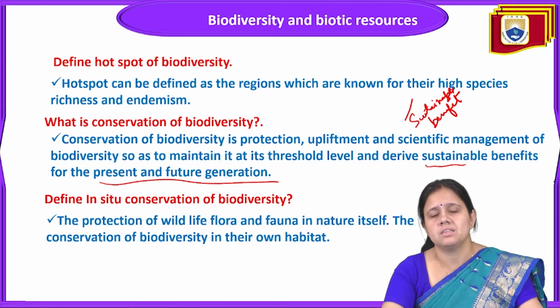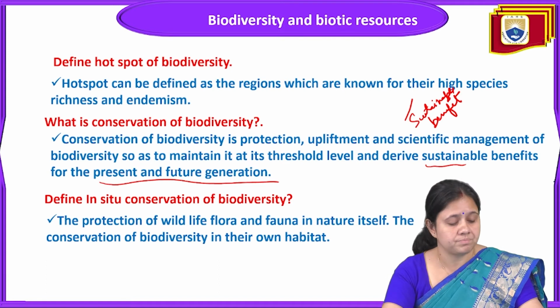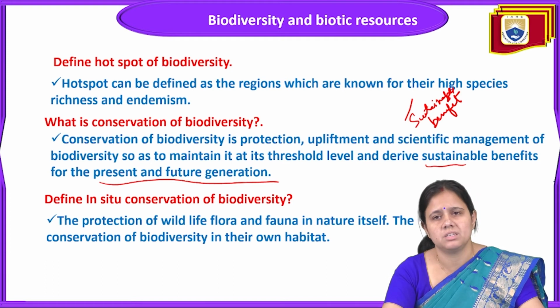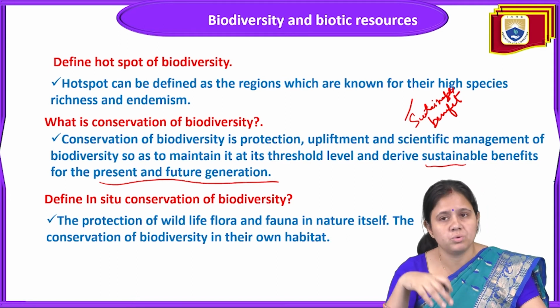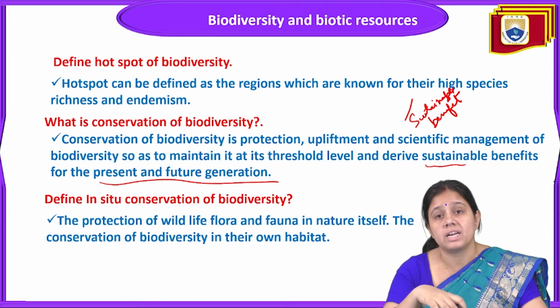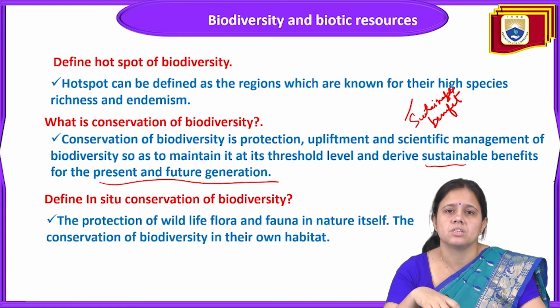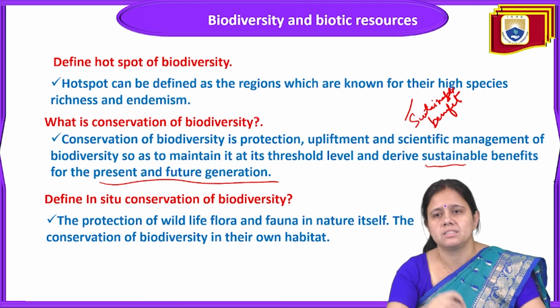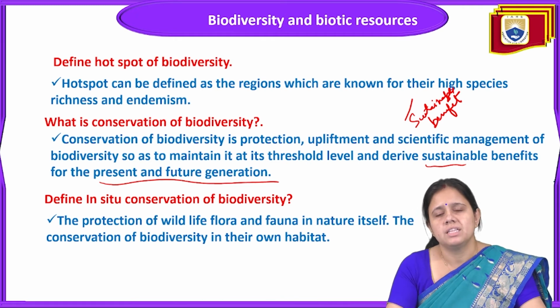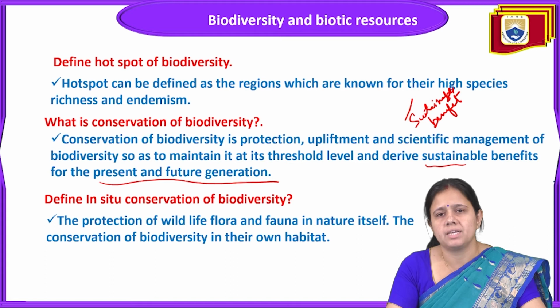Next, define the term in situ conservation of biodiversity. Conservation of biodiversity in its own habitat is called in situ conservation of biodiversity. The conservation and protection of wildlife, flora and fauna in their natural setting, where they belong, is called in situ conservation.